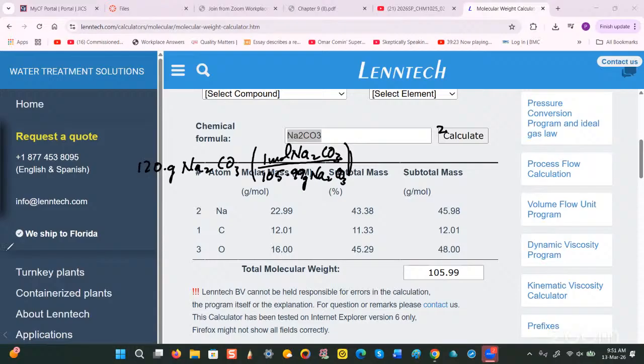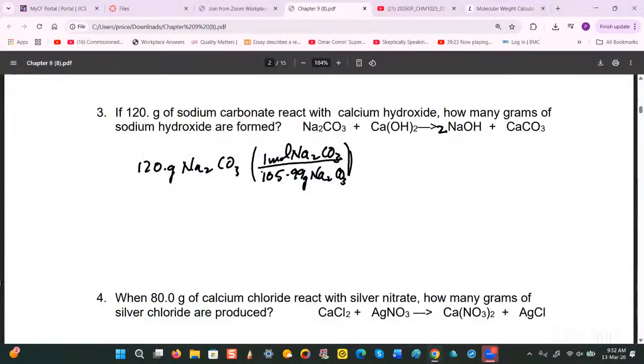Okay, so that means that this unit will cancel out that unit. Okay, what would be the next conversion factor?